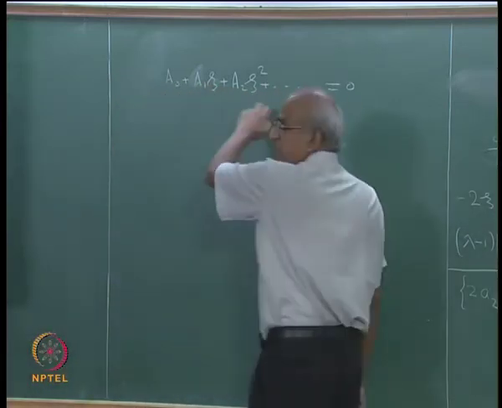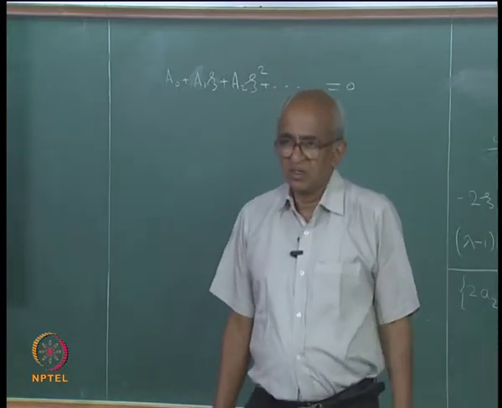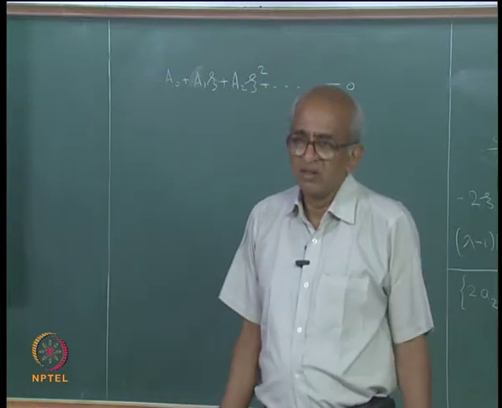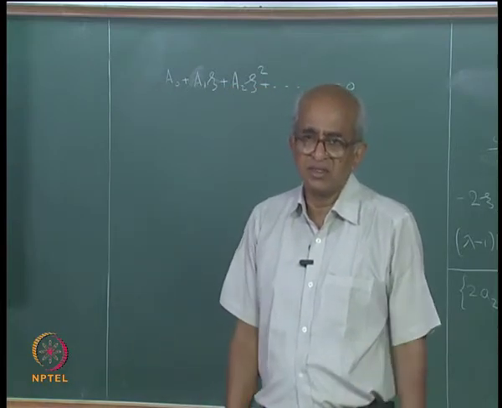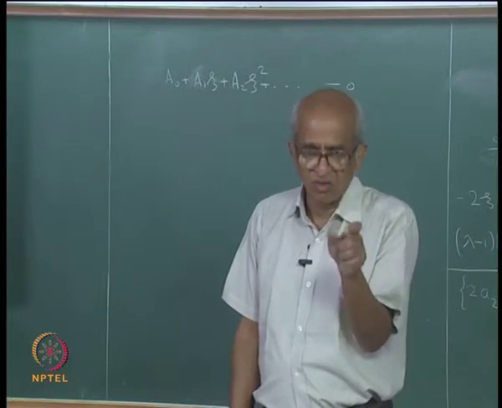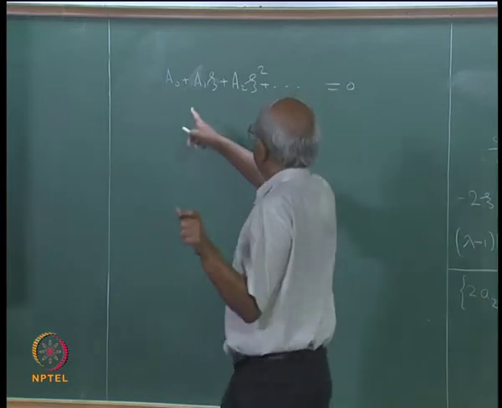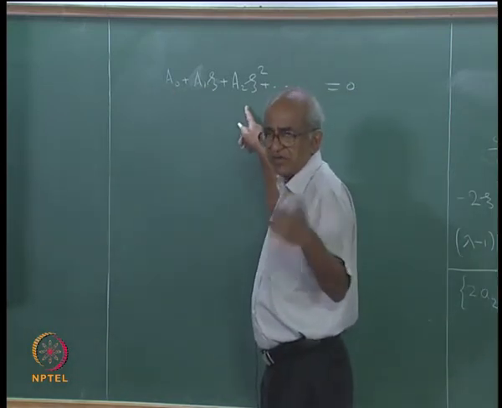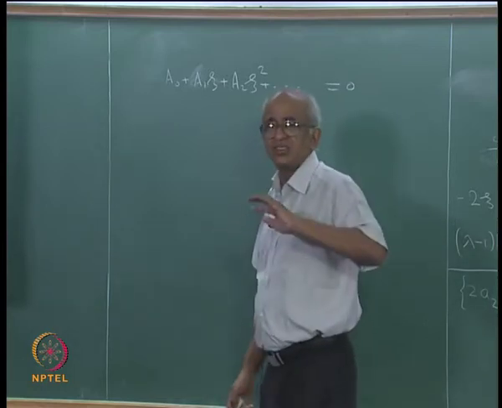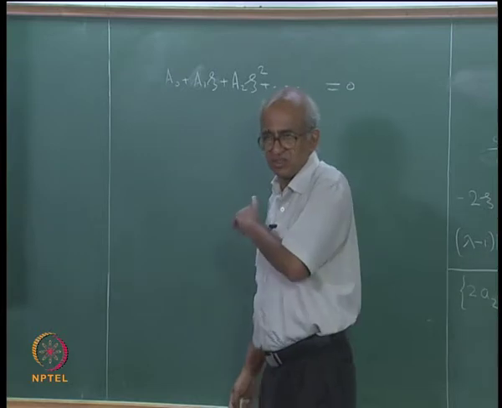Whatever value of c you put in there, this has to be equal to 0, correct. So, how can that be satisfied? The only possibility is that each coefficient, a0 or a1, the coefficient of c to the power of j, has to be equal to 0.